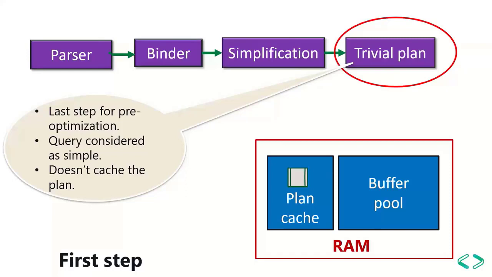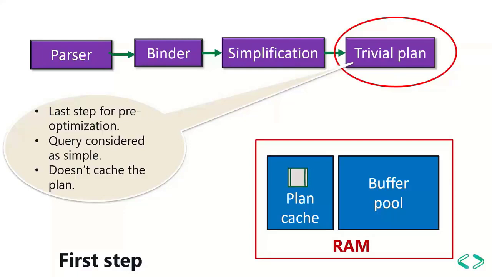I'll just discard that parse tree, and I will create the trivial plan on the fly because it doesn't cost any resources. And it will use that trivial plan for the execution phase.